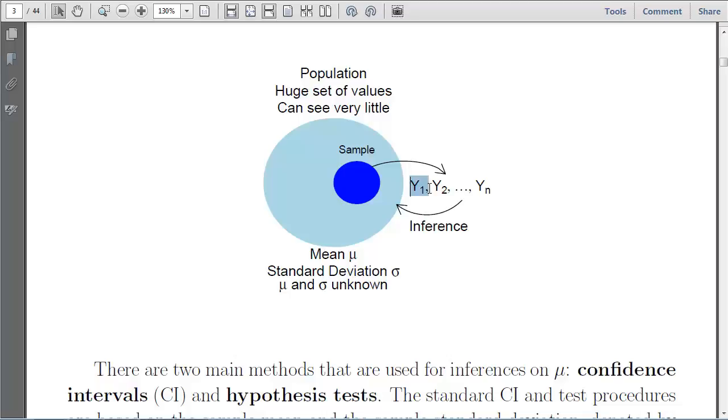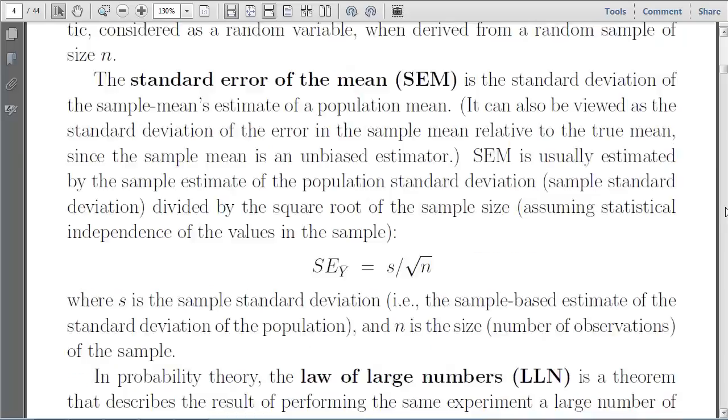Instead, we just have a single sample. And if that sample is representative of the population, then we can use that sample basically as a version or an approximation of the population, and then we can sample repeatedly from the sample and calculate a mean each time, and then use that as a bootstrap approximation to the mean.